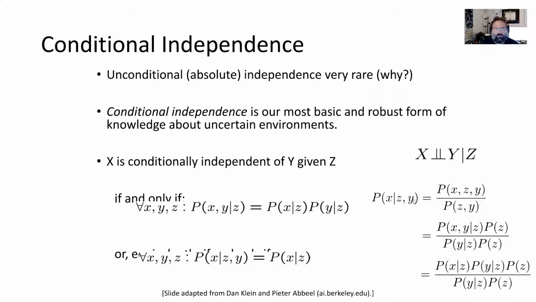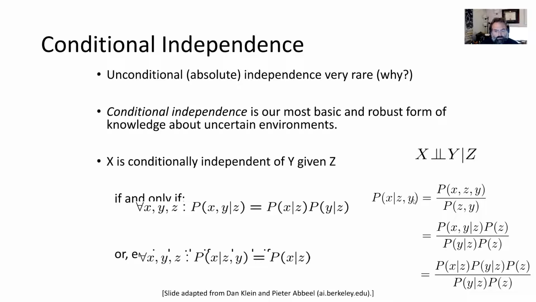There's a statement here that unconditional absolute independence is very rare. There's always some form of influence and impact between various other things. Conditional independence is our most basic and robust form of knowledge about uncertain environments. X is conditionally independent of Y given Z if and only if the equation there holds.